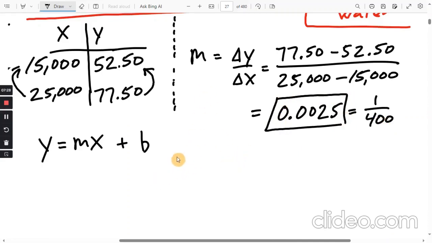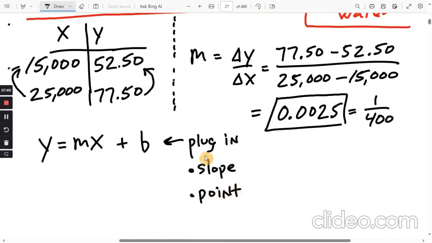And now what you have to do is plug in the slope and a point and solve for b. Okay, so let's see, either of these are fine. I'd rather work with the smaller number.